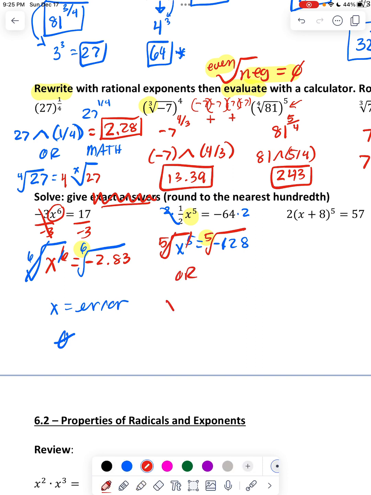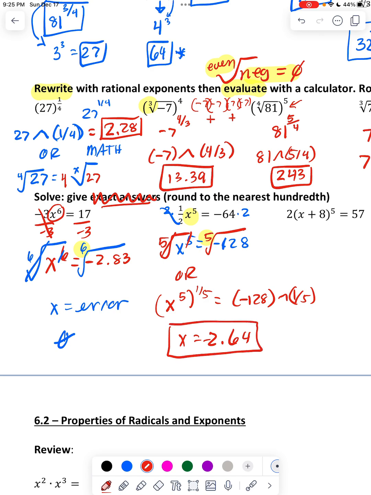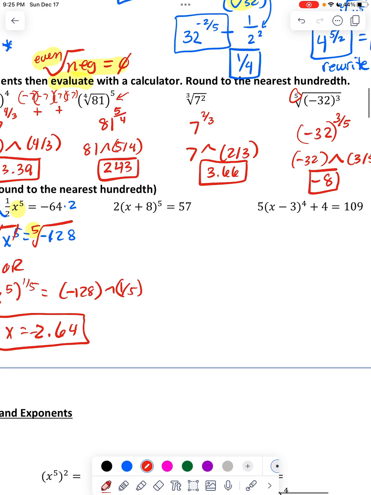Or you can say, to get rid of this 5, I need a 1/5 power. So over here, I'm going to take -128 and raise it to the 1/5 power. And when you do that, you end up with -2.64. It's okay to get a negative answer because my roots and powers were odd.